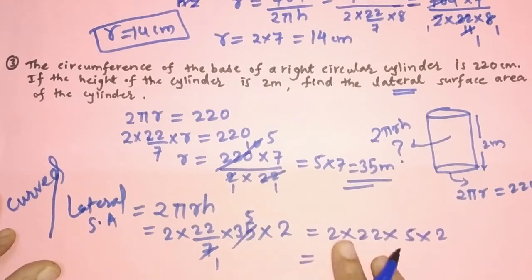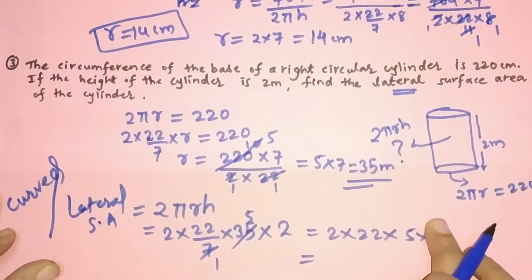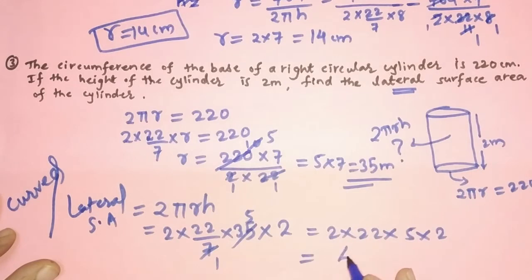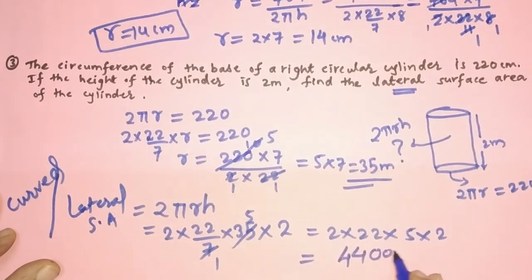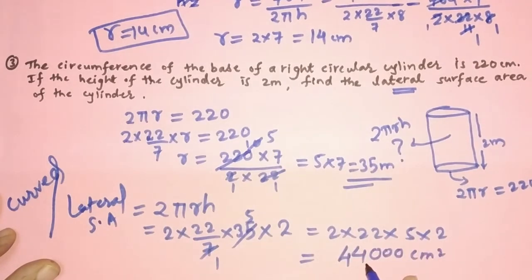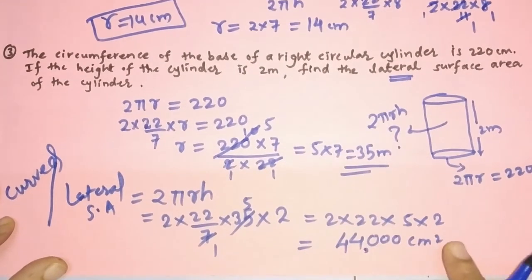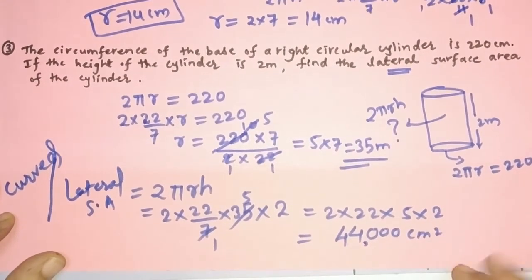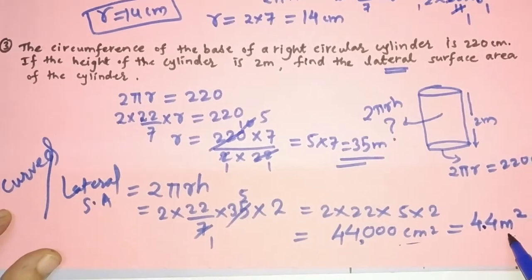So friends, we just have to multiply all these. So we get here 44,000 centimeter square. So this is in centimeter square. If you want the answer in meter square, which is nothing but 4.4 meter square, just divide it by 10,000.